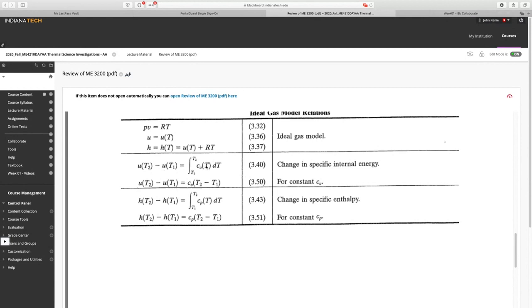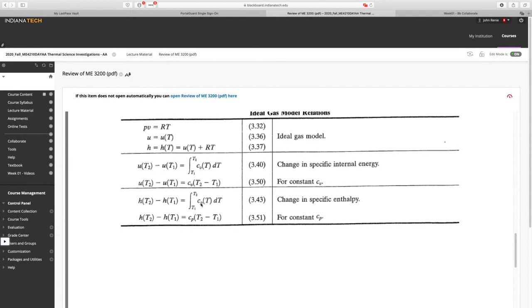And if this is a constant, it can come out of the integral, and we can then perform the integration of just the dT, which is just the change in the temperature. So if we assume we have a constant value of CV, we can say that the change in internal energy is simply CV times the change in temperature.